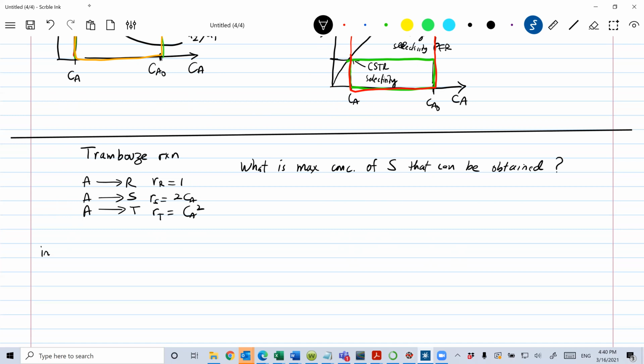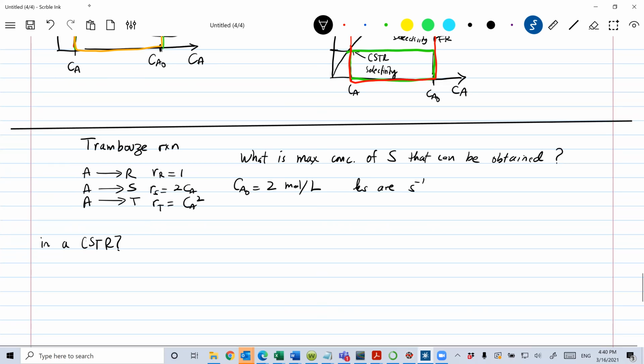Say in a CSTR. What is the maximum concentration of S? You're given Ca naught equals 2 mole per liter, and these rates are per second, so those Ks are inverse seconds. For example, let's say that's what you're given.